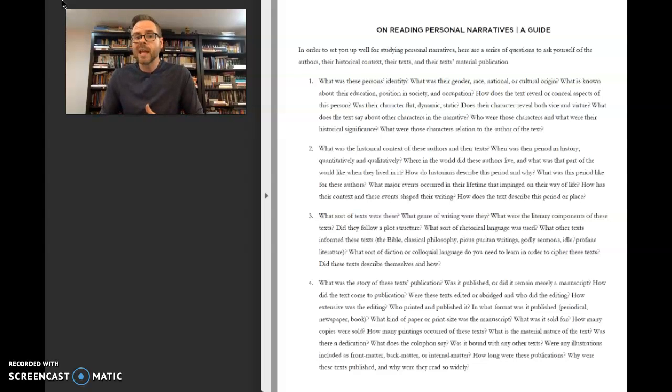Selectmen were usually taken out from the congregation of the church and they were given authority similar to the magistrate as leaders, civil leaders in the society or in the town, and they also kind of function as elders within the congregation as well. They were called the town selectmen or the meeting house.